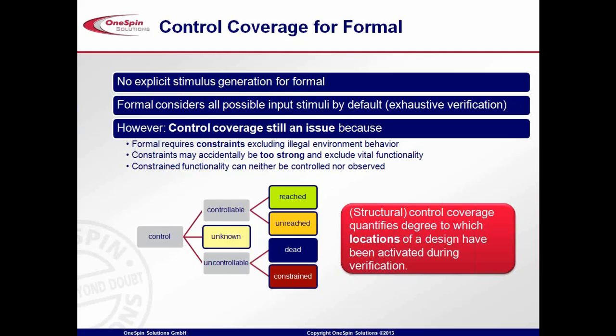Well, in many cases, or almost every time, you need to develop some constraint to exclude the illegal behavior. So maybe you cannot have two signals being set at the same time, and for that purpose, you just write a constraint. In the case of a FIFO, being full and empty, that's illegal, right?